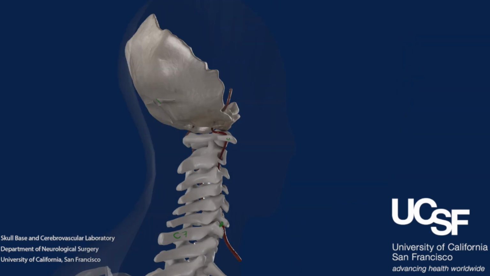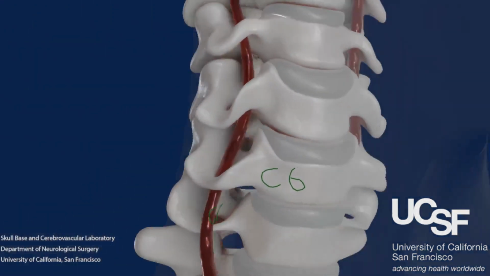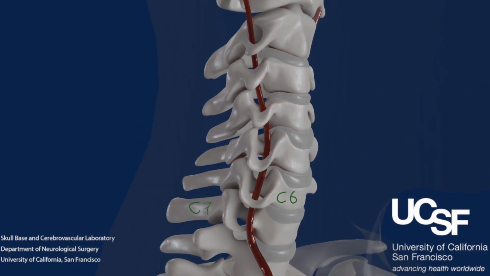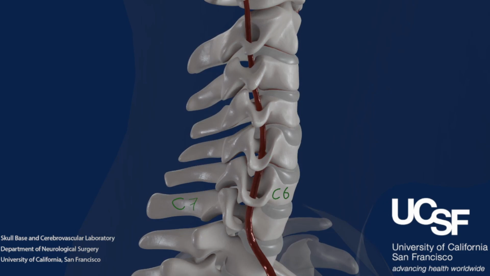And if we get an oblique view, we can identify the transverse foramina through which the vertebral artery travels. The transverse foramina conventionally are going to be in between 2 tubercles, one which is anterior and another that is posterior.